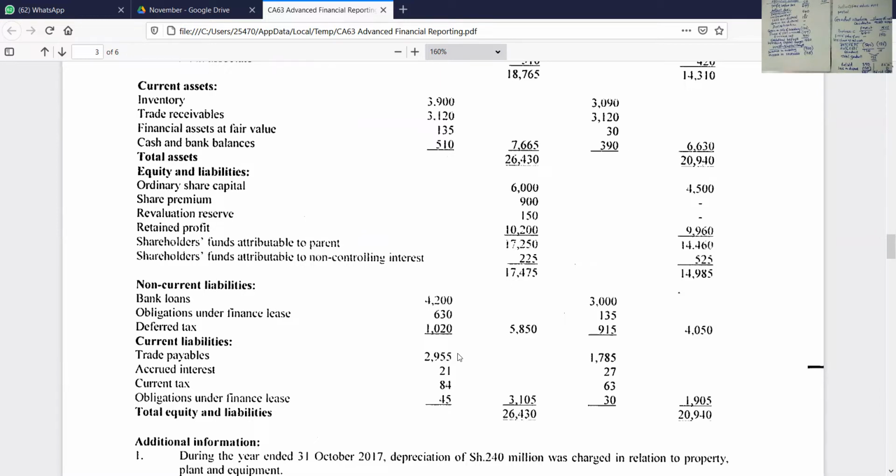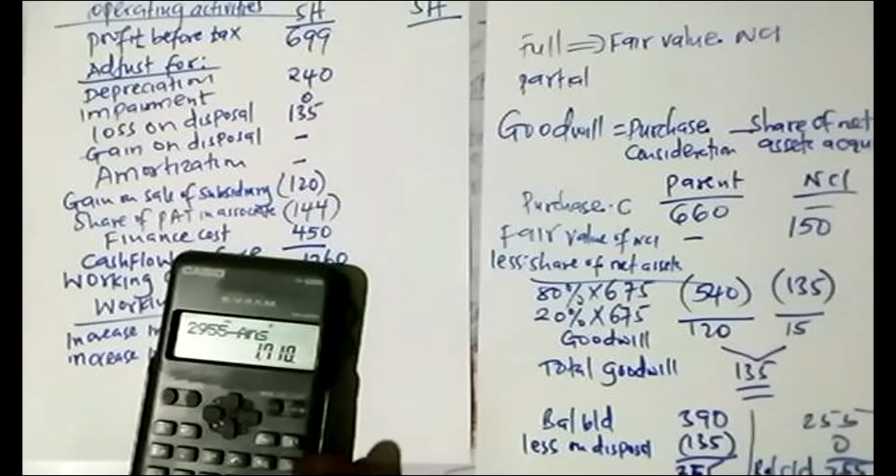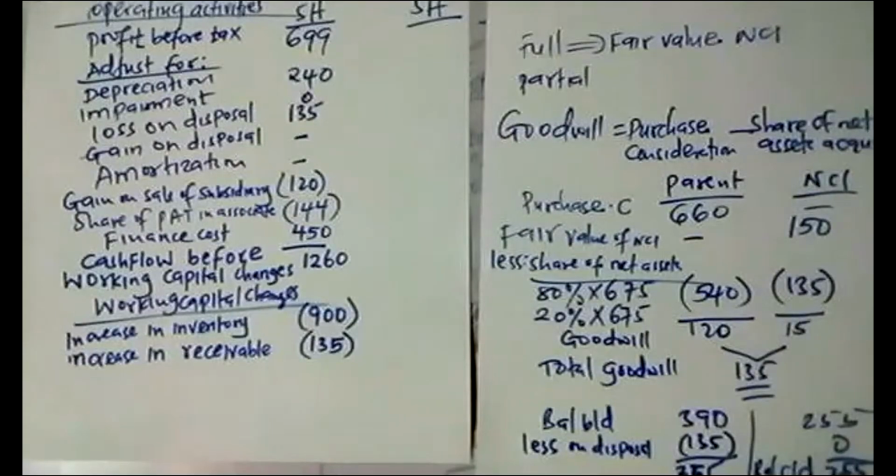So it increased by what value? 2955 minus answer. So there's 1710. So I'll say increase in payables.